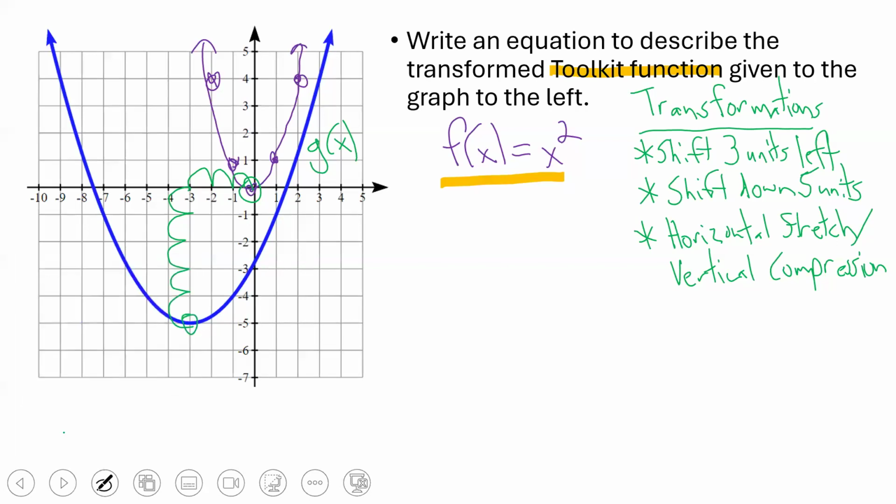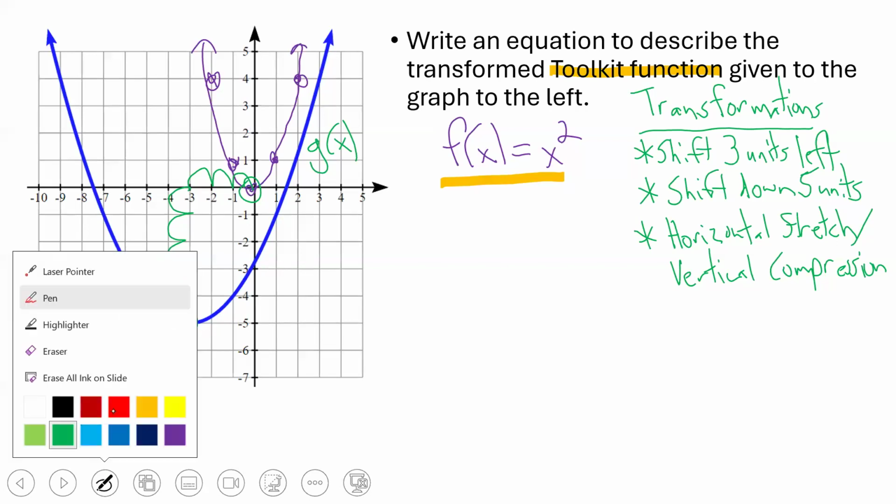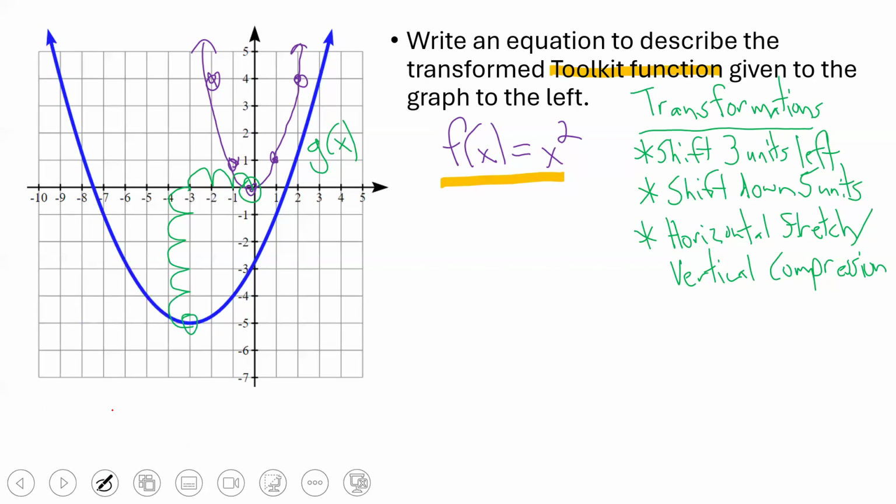So we'll start by going step by step through the different transformations we've identified. First of all, since the function has been shifted 3 units left, we know that shifts left and right impact the inputs of the function, which means we notate that on the inside of the equation, which means that we have to do something in the place where the x is, because that's inside the function here.